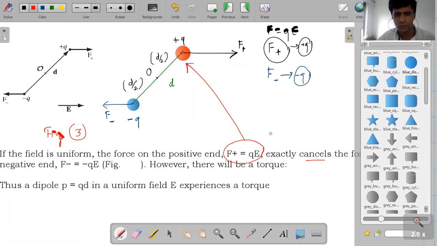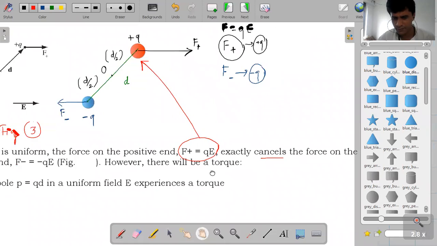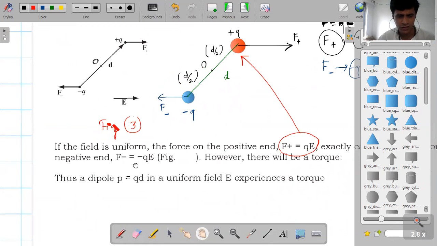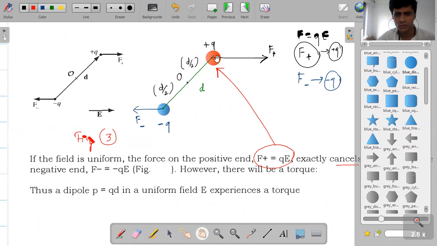If both charges are equal, exactly the same charge, the total force will be cancelled by the force on the negative end, and that is equal to this.